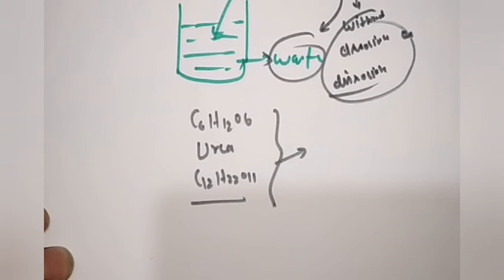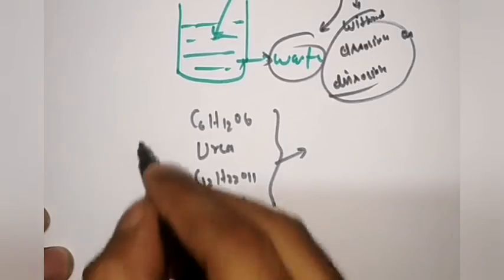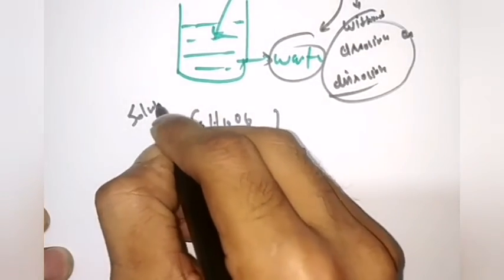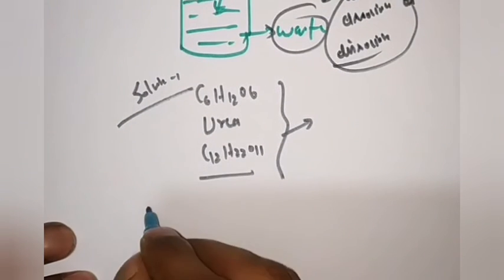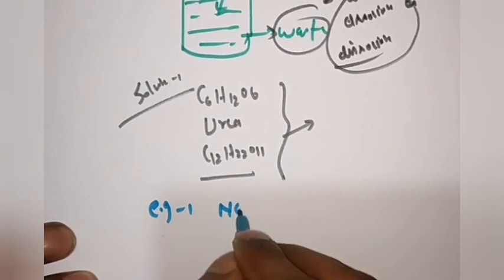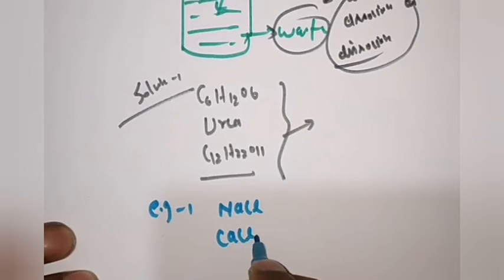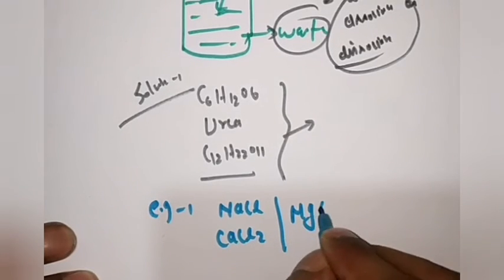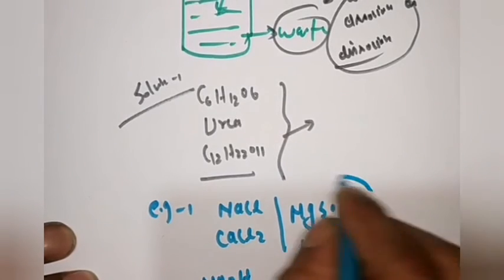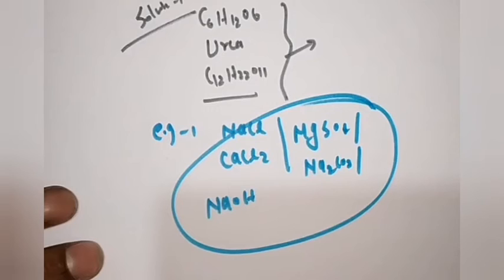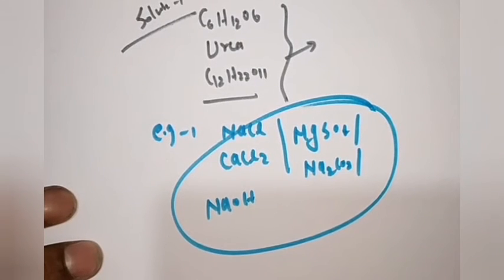But when the solute is like NaCl, CaCl2, MgSO4, Na2CO3, NaOH, generally I am taking the solute as an ionic compound.